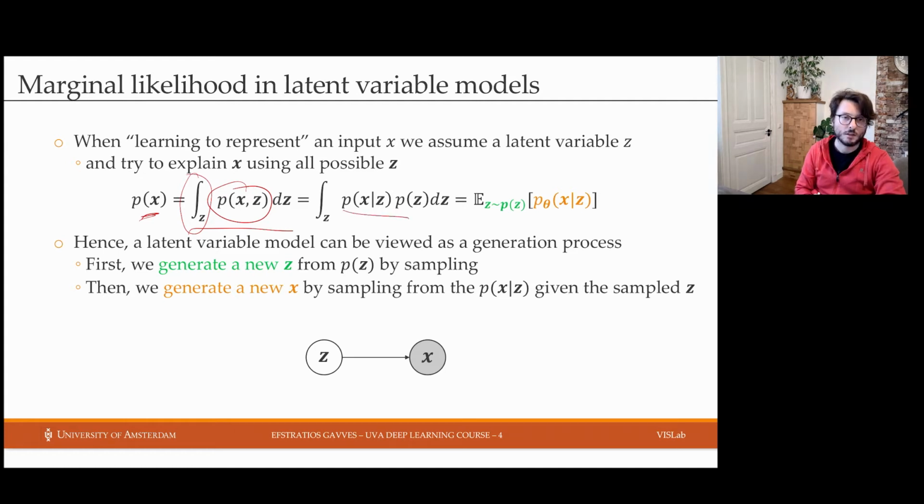And obtain a likelihood term of x given z times the prior over the latent variable. And this expression can be further reformulated in terms of an expectation here. So in an expectation, we have two important quantities. One is the quantity whose expectation we want to compute.